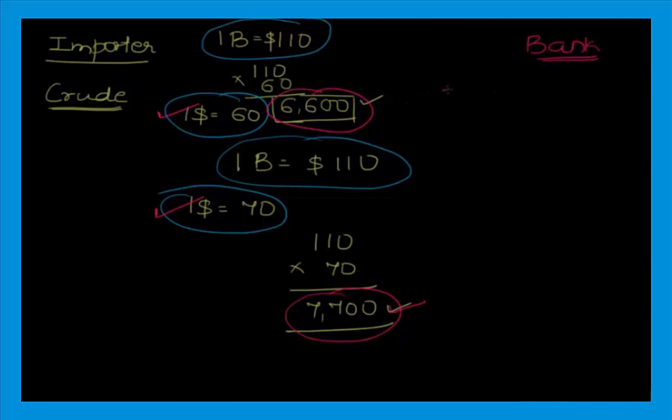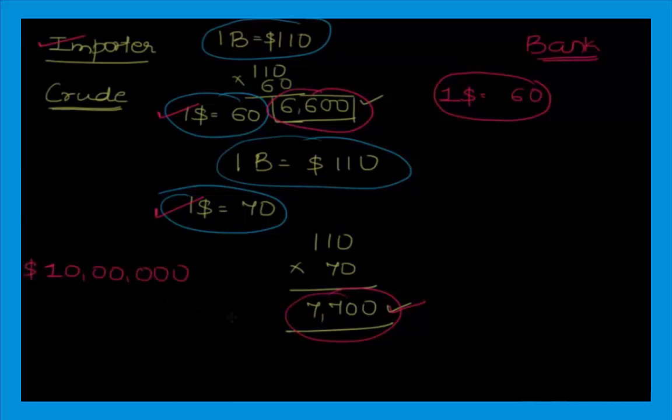saying irrespective of wherever the dollar moves, we will transact at $1 equal to 60 rupees. Say, for example, as an importer I have to pay $10 lakh at the end of the month to Iran, from where I am importing crude.